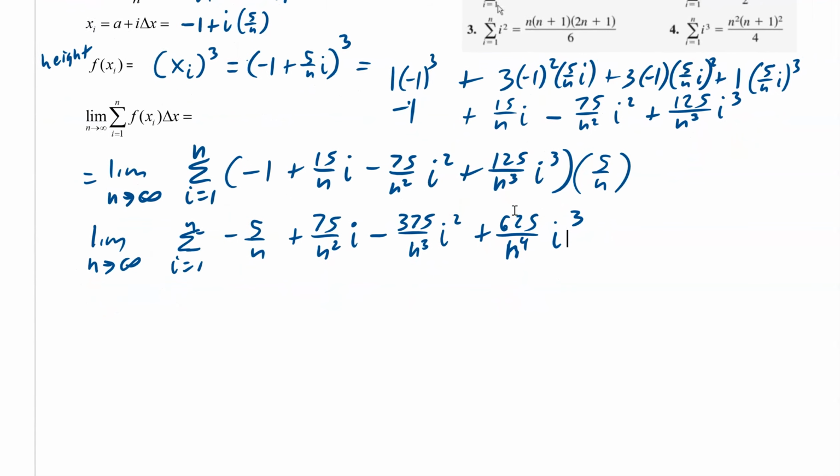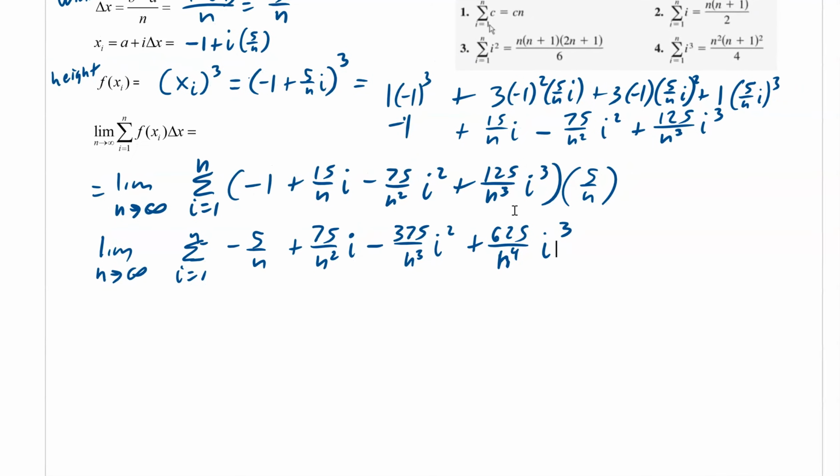So now what we're going to do is separate them all up. So limit as n approaches infinity. And then this is the sum of i equals 1. So we're going to distribute the sum across the sums, like we've done with our sum notation. So if you need to remember how to do this, just watch that video. So i equals 1 to n, and then that's i.